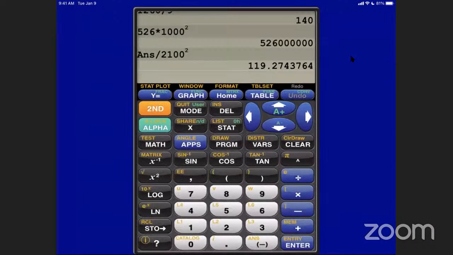I don't know how to do this on this one. Well, I can do change of base on it if I wanted to.